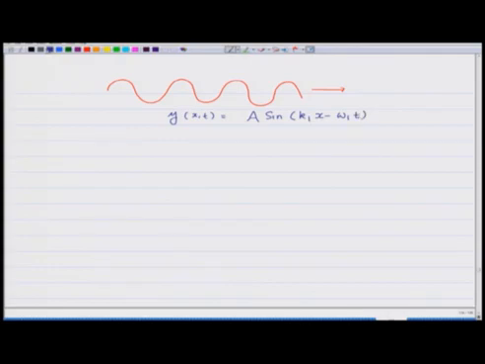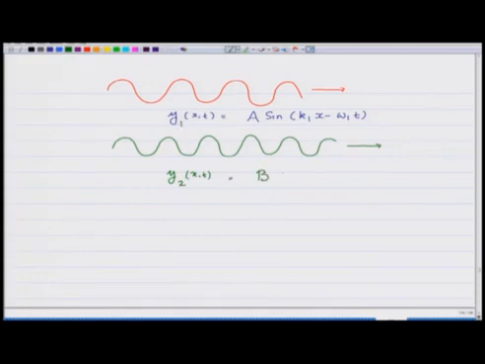Another wave which is slightly different in frequency, very slightly, also traveling in the same direction, I call this y2, the first one y1, is equal to some amplitude B sine(k2 x minus omega2 t).